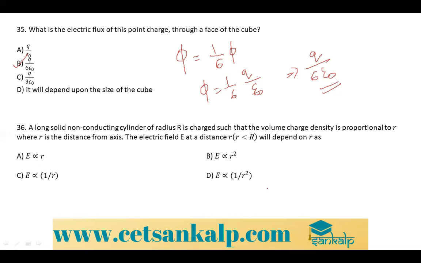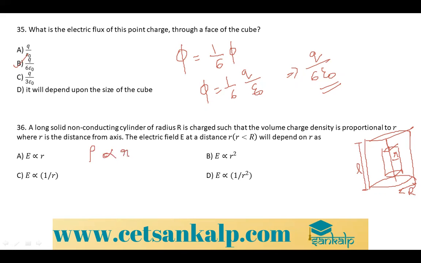Okay, so we'll first consider the cylinder. Cylinder number one, and we have one more cylinder, where this value is small letter r and this one is capital letter R. This is your total length L. According to the formula, rho, the volume charge density, is directly proportional to r.